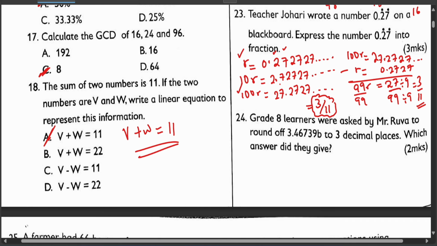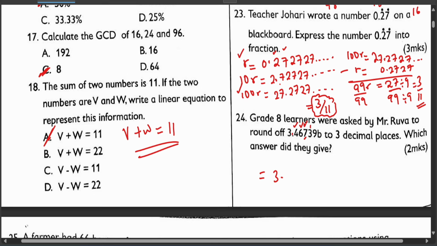Question 24. Grade 8 learners were asked by Mr. Ruva to round 3.46739 to 3 decimal places. Which answer did they give? So to 3 decimal places, after the decimal point it starts with 4, first decimal place, second, third, and then you look at the number in front of 7, which is 3.